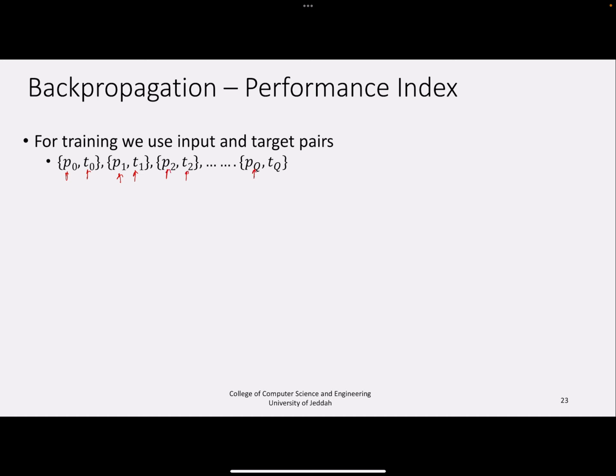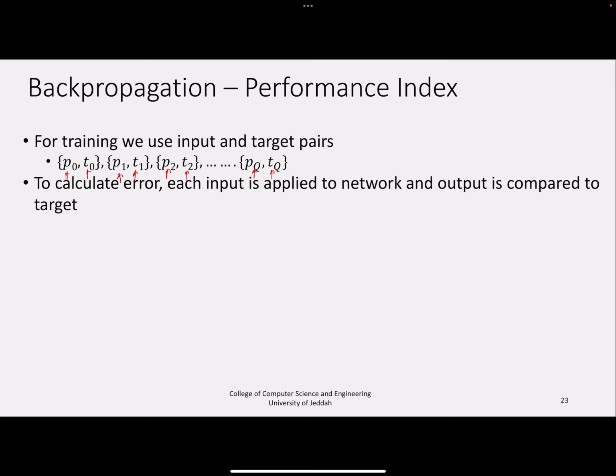For input PQ, output should be TQ. So what we're going to do is apply each input, see how off the output from the network is, how significant the error is, and based on that, we'll be taking some action.